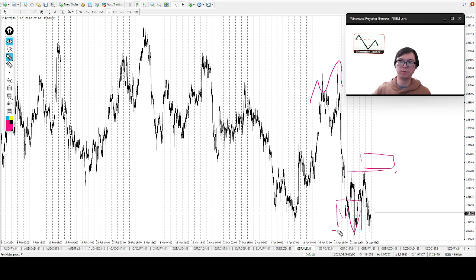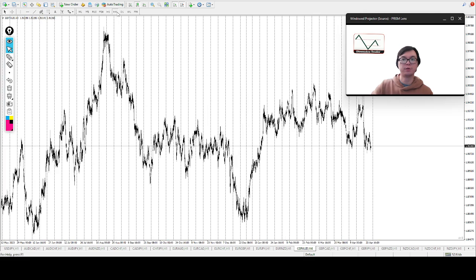We only see the dimension 3, which is the bottom. So this one is not in a very good position. We will want to see more unfold in the future. But let's take a peek on a higher time frame to see where this area is.